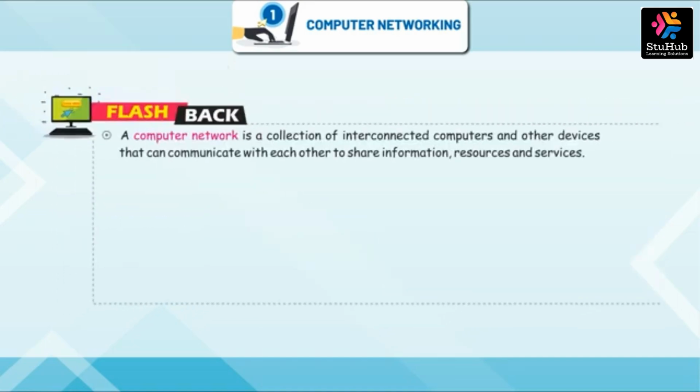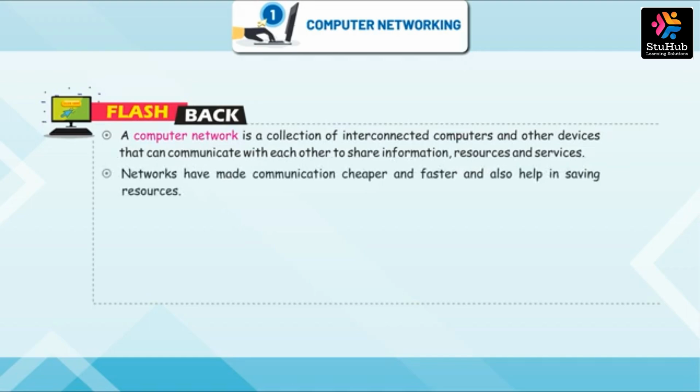Flashback. A computer network is a collection of interconnected computers and other devices that can communicate with each other to share information, resources, and services. Networks have made communication cheaper and faster and also help in saving resources.